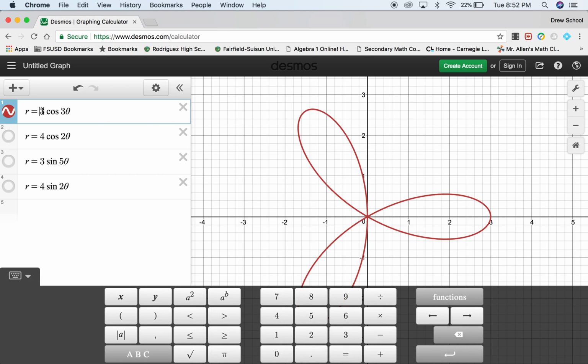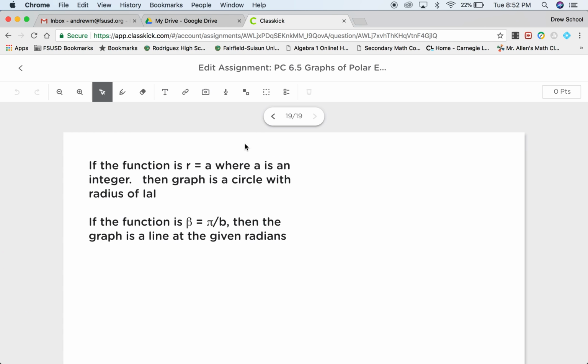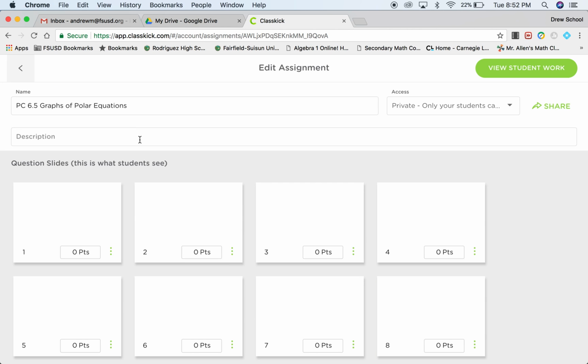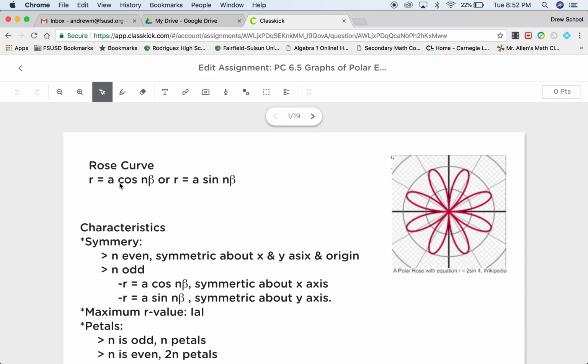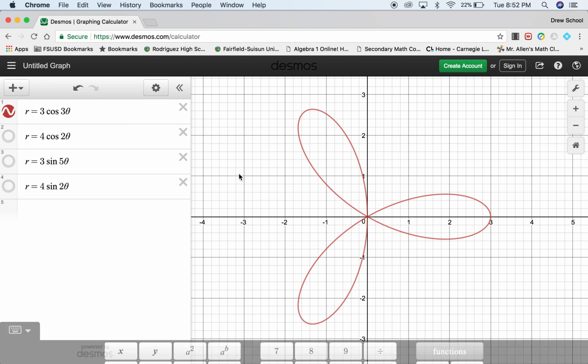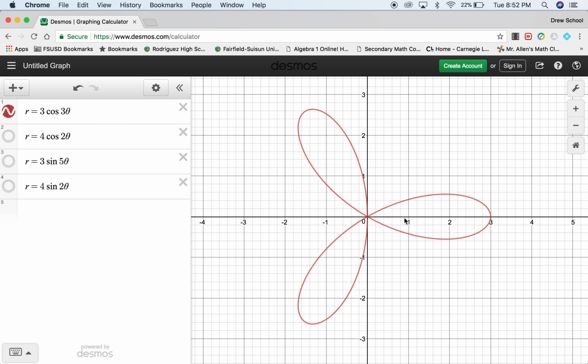And our radius, or sorry, it's not radius, if we go back to our slides, it is the a value. The a value is 3, which means our petal lengths are 1, 2, 3 units long.